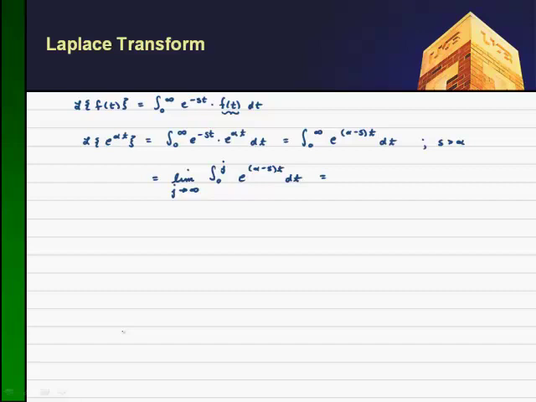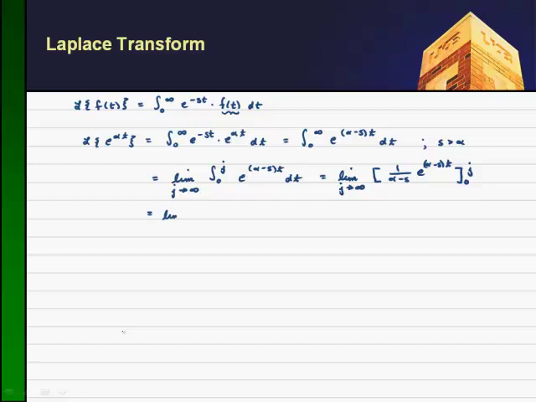And if I integrate that, I get the limit as j goes to infinity, and again, if I integrate e to some argument times t, it's just 1 over that argument, e to the alpha minus s t, and I want to evaluate that from 0 to j.